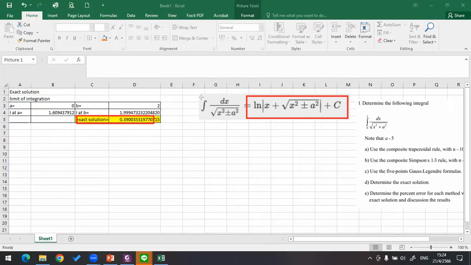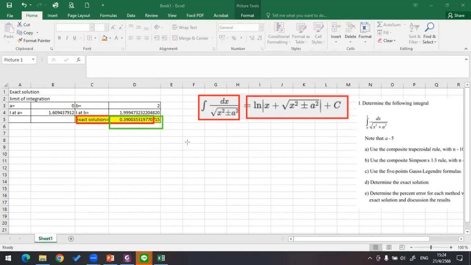But if some student puts the function into the calculator and uses the calculator function, you may get the same result like this. And if you claim that it is the exact solution, that is not correct.